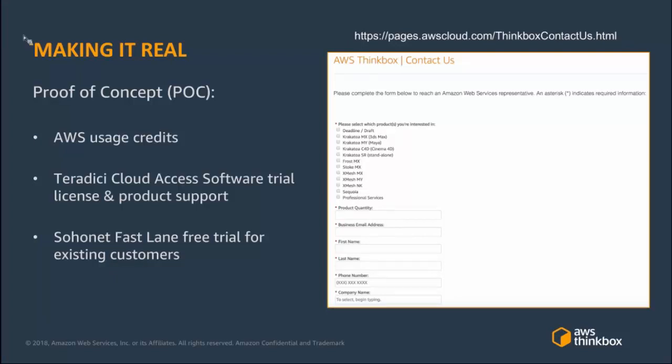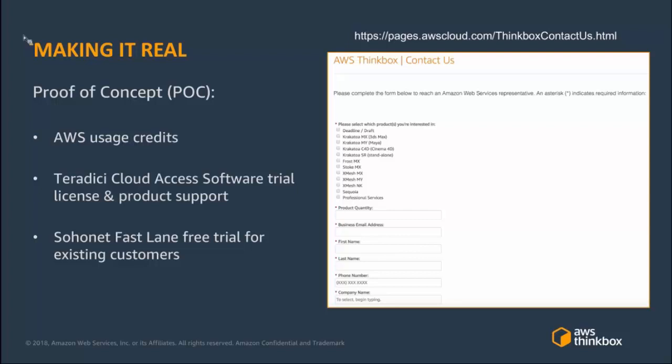Fill in the details and get in touch with us. In terms of the POC, AWS can provide you with EC2 usage credits, so you can test this stuff out, kick the tires, and see if it works as well as I'm saying it does in your location with your software, and whether your artists actually like it.